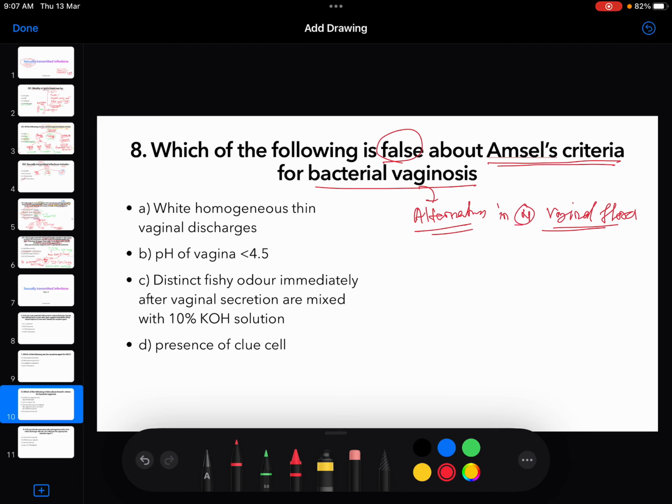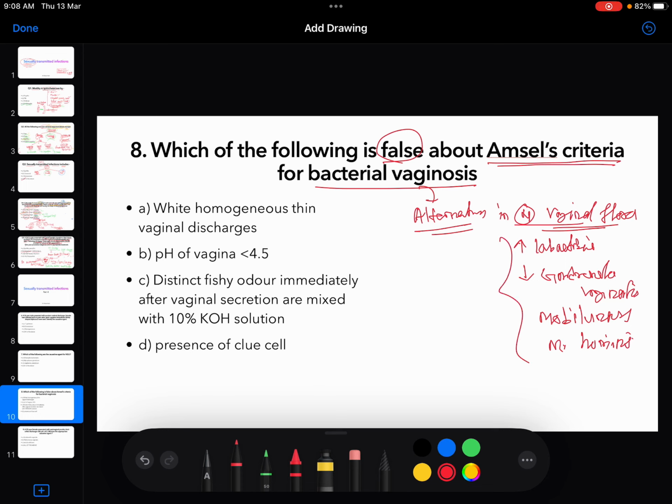In normal vaginal flora, there is increased concentration of lactobacillus, and there is decreased concentration of other pathogenic bacteria like Gardnerella vaginalis, Mobiluncus, and Mycoplasma hominis.